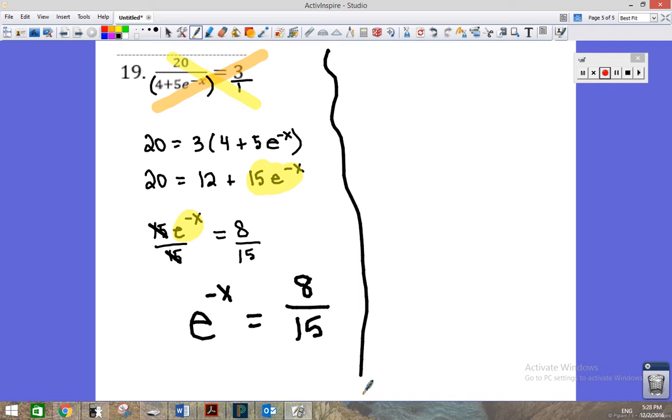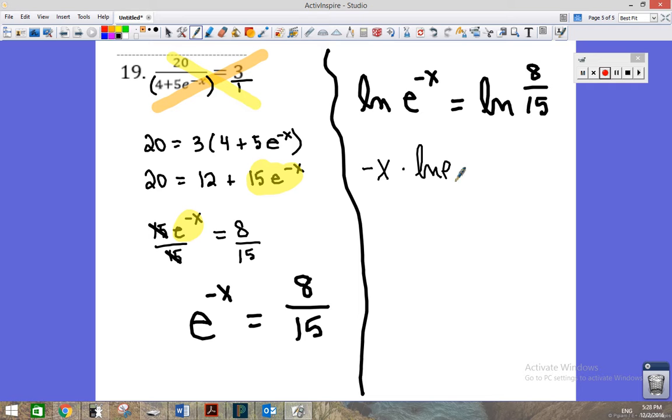So I'm going to continue my work up here. If I take the natural log of the left-hand side, I have to take the natural log of the right-hand side. Now, it's not written, but remember that this base is e. Not everyone sees that, but hopefully everyone has studied the properties well enough to know that if I use the power rule, that negative x, that's an exponent, comes down as multiplication times the natural log of e.